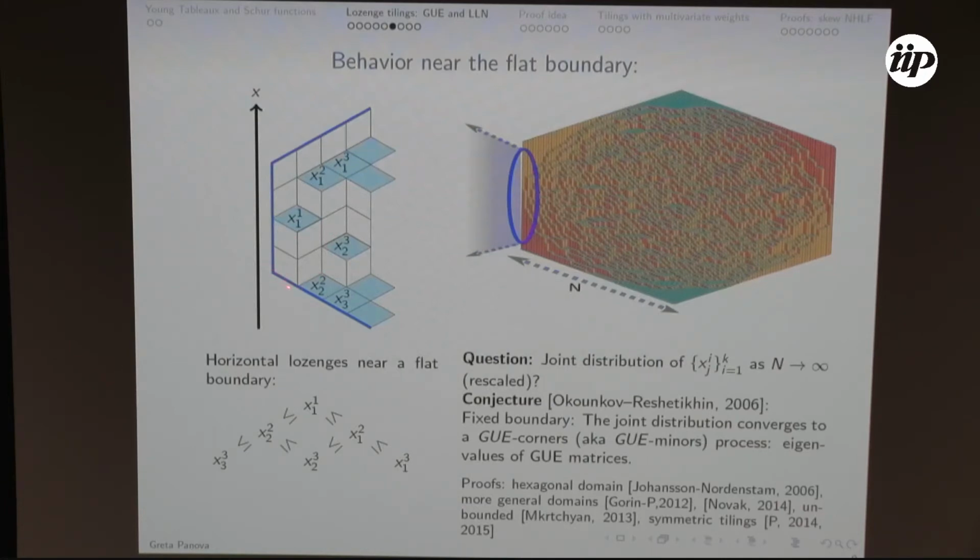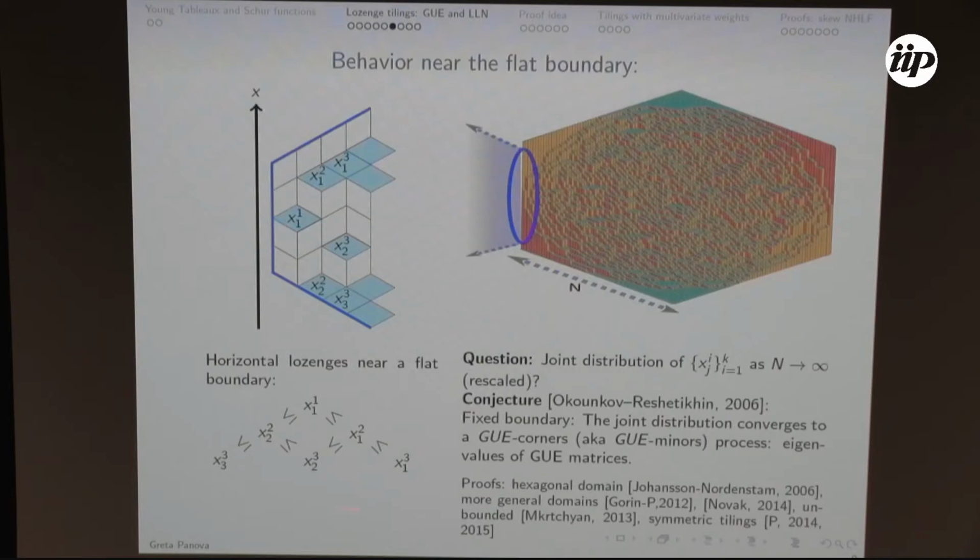It really doesn't matter because of the scaling, but one can think of the height as counting from this line here. Because of the boundary condition and the combinatorics, these heights, as you can see from the picture, satisfy this interlacing condition. So x_1^1 is going to be less than the bigger number on the second line and bigger than the second number on the second line, and so on and so forth.